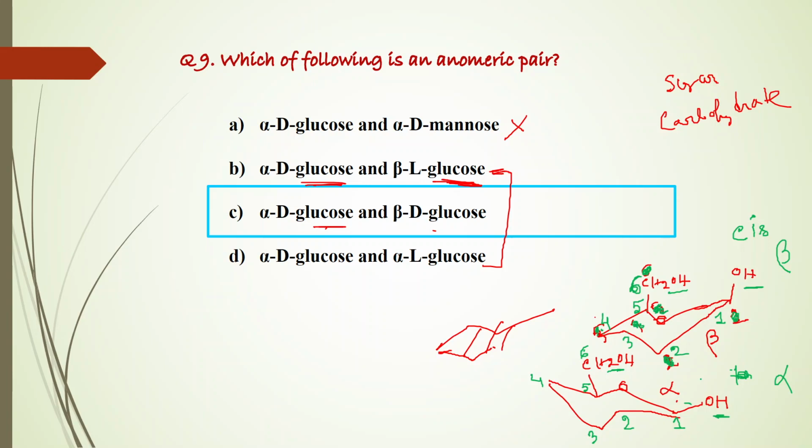If they are pointing in the same direction or in the cis position, they will be beta, and if they are anti, they will be alpha. So that was the thing.